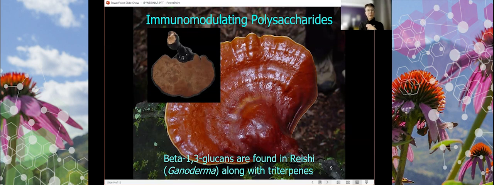And this is interesting because once you dive into this terminology, you'll see these numbers and you're like, what are these numbers about? It's talking about how the glucose subunits of the beta glucans are hooked together. Like carbon 1 gets bonded to carbon 3, and when you see a picture of it, it all makes sense.